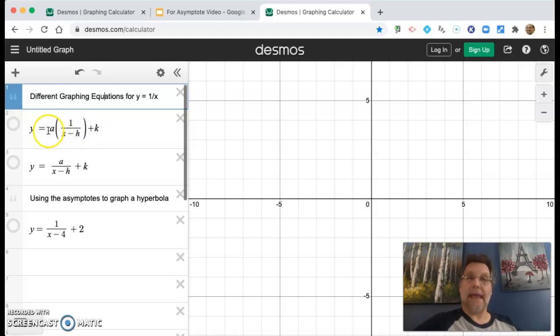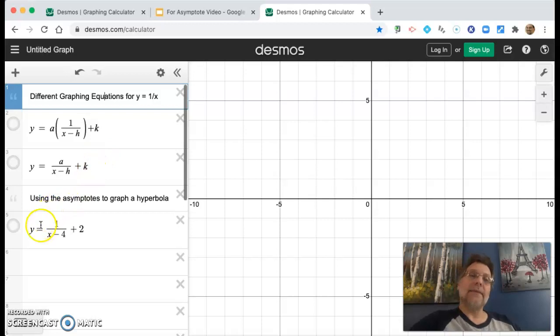We multiply by a to stretch it up or down, or flip it over. Another way you can write this, because a is the same as a over 1, and you can multiply fractions straight across, sometimes you'll see it written this way, where the a value is divided by x minus h, and then adding k at the end. Either way is fine. They're both acceptable, whichever way you feel more comfortable with.